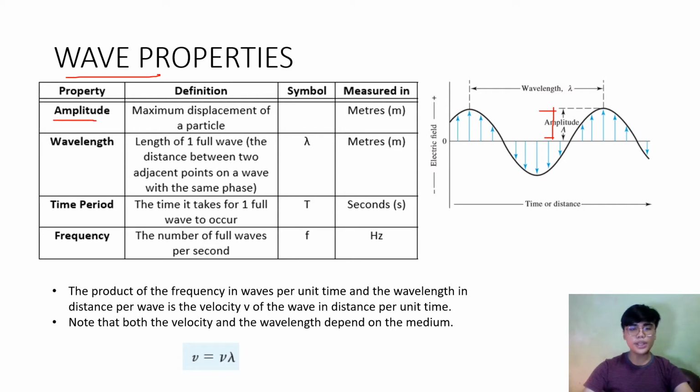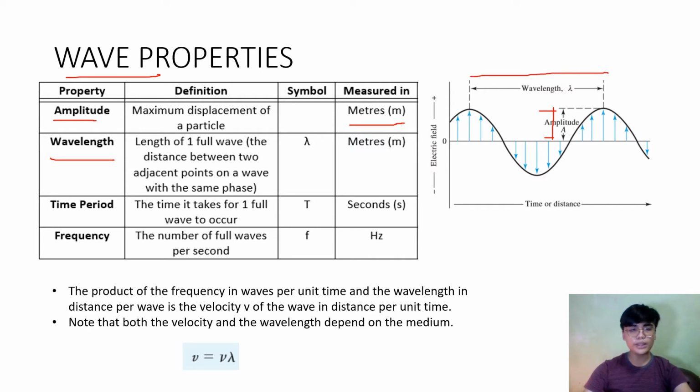It is measured in meters, and it is a vector quantity that provides a measure of the electric and magnetic field strength at the maximum in the wave. Next property would be wavelength.